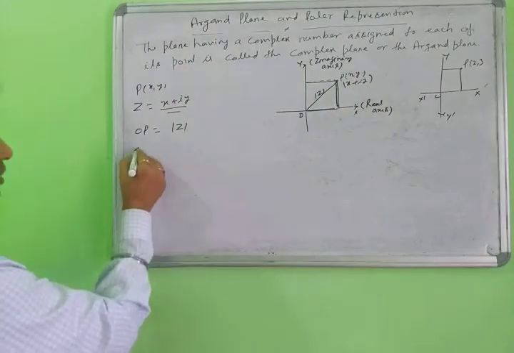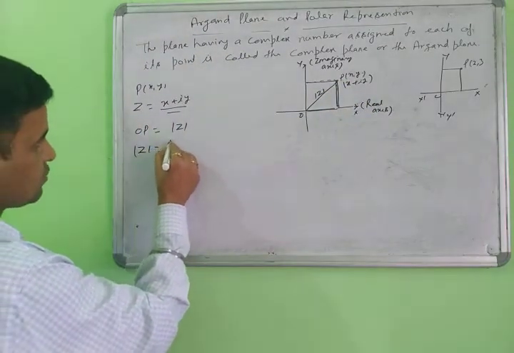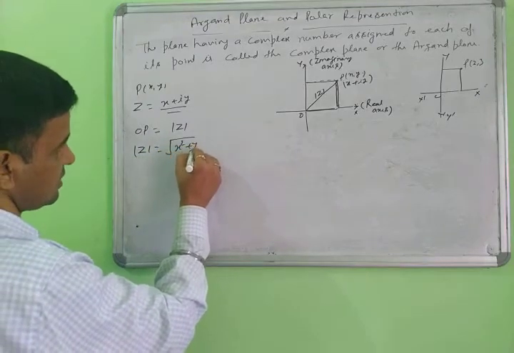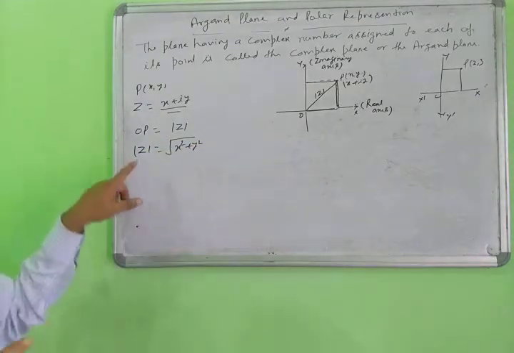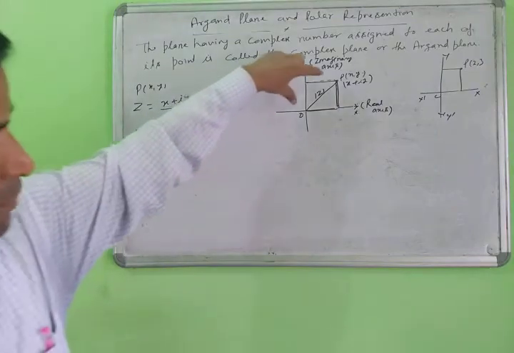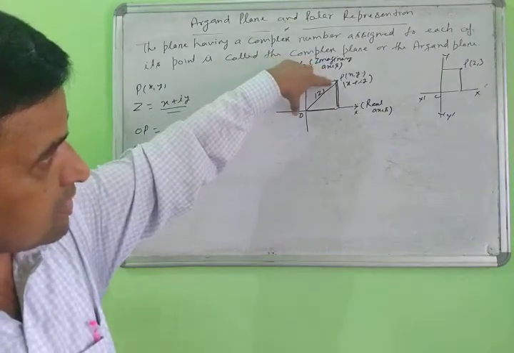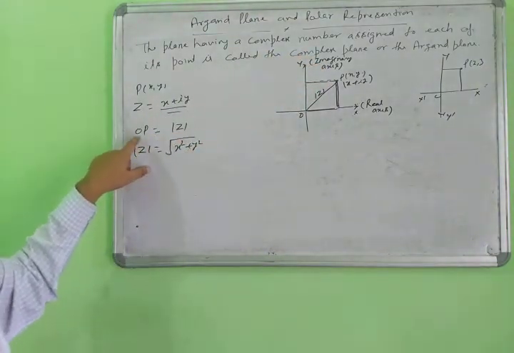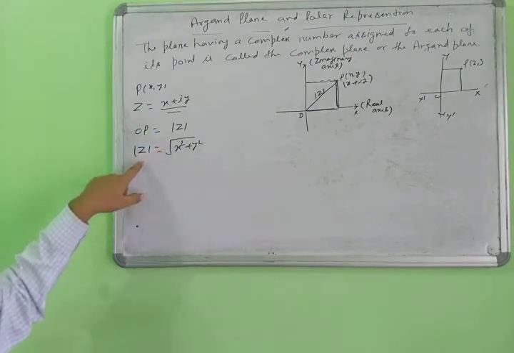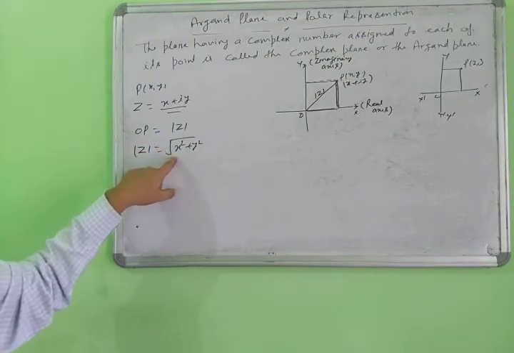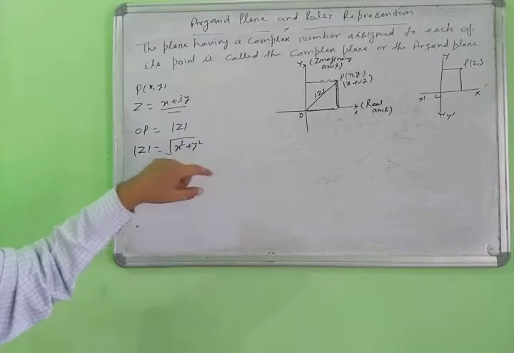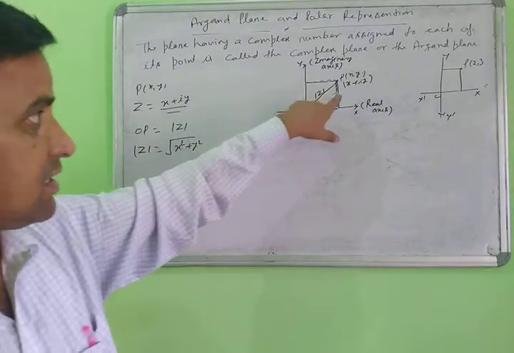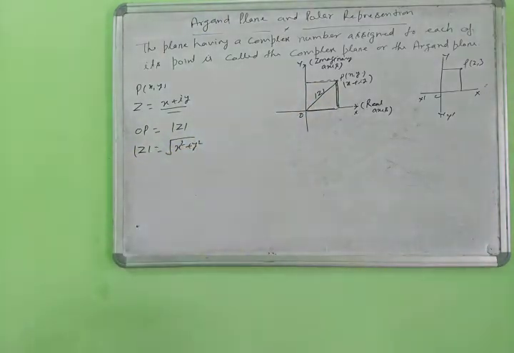What is the value of mod z? Mod z is the square root of x squared plus y squared. OP is the length from the point to the origin, and this is called mod z. So in this method we can represent the number and find the value of mod z.